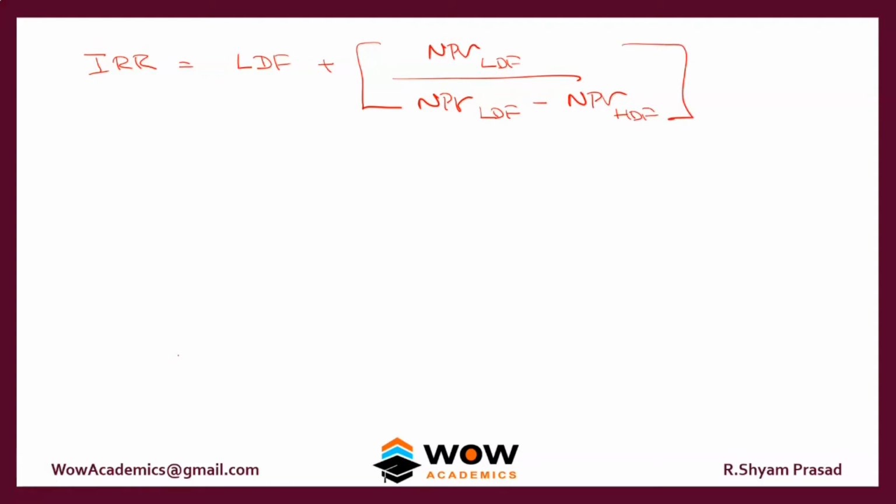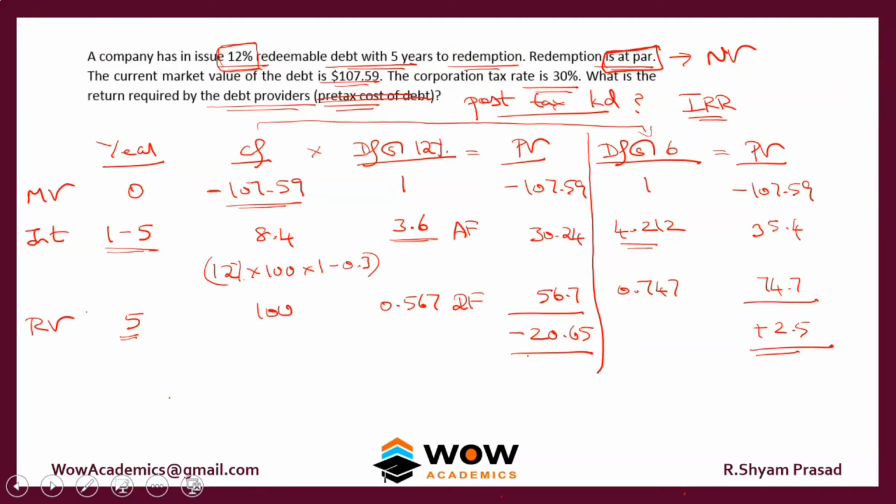Solve this and multiply it by high discount factor minus low discount factor. So we'll insert the formula. We know that the low discount factor was 6. The NPV at low discount factor is 2.5 and the NPV at high discount factor is minus 20.65.